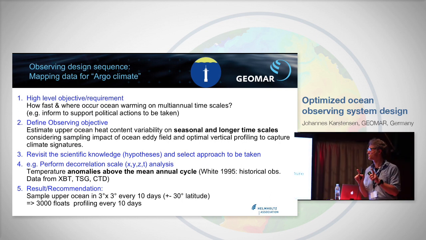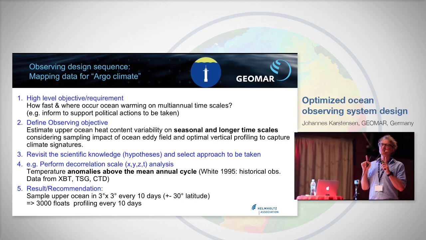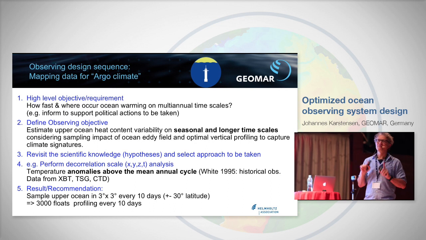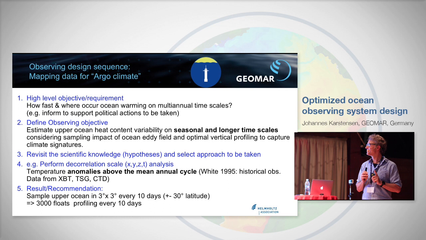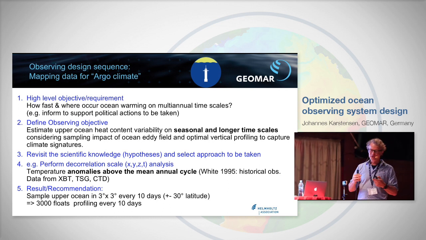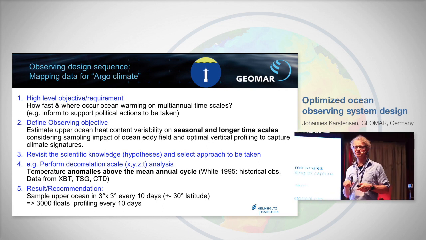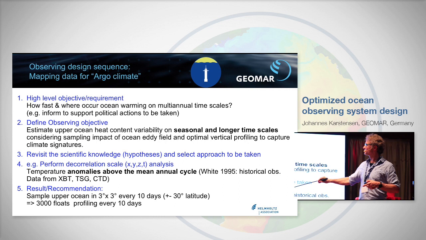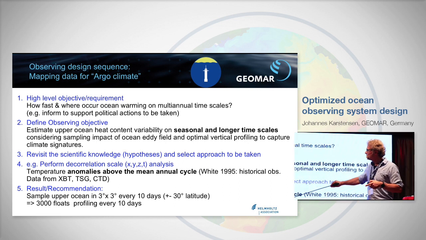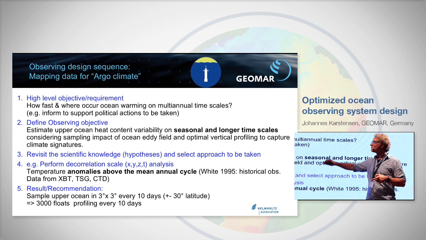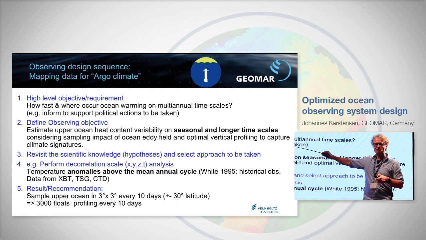I fully respect and understand that, for example, assimilation models like Argo, because it's data that comes in more or less regularly spaced and regular in time, and it's easier to integrate that into an assimilation procedure. But it doesn't mean that we can use these numbers for all the different problems posed here.